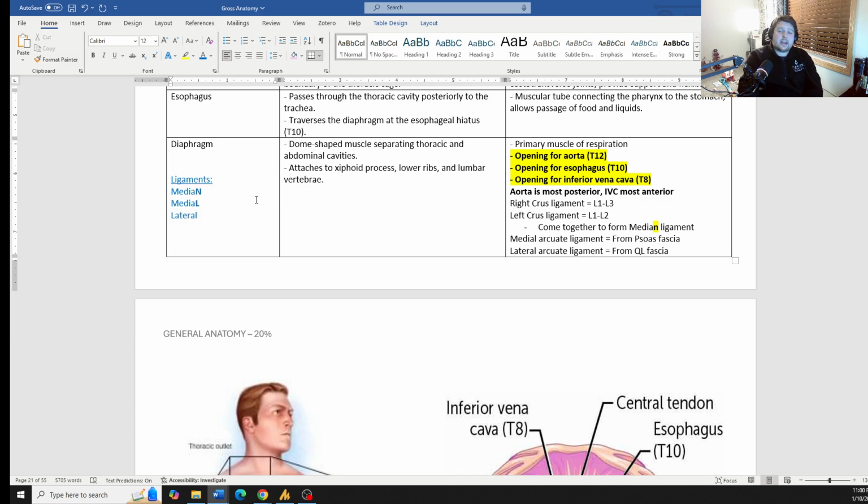The other way they could ask this, they could try to confuse you between median and medial, and ask something like, the crura of the diaphragm come together to form the blank ligament. And then median and medial will both be options. So we just need to remember the crura form the median ligament.